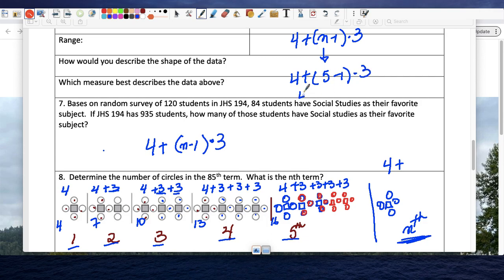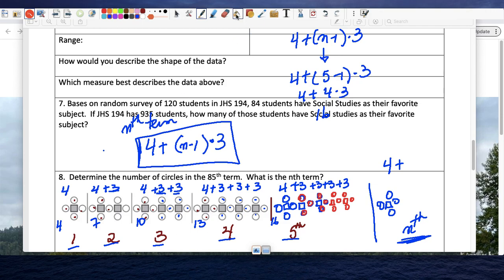Let's see if that works. 4 plus 5 minus 1 is 4, and then we multiply by 3. 4 times 3 is 12, plus 4 is 16. Okay, so again, yeah, that's it. That's one way. That's how I saw it growing, and that's how I got the nth term.